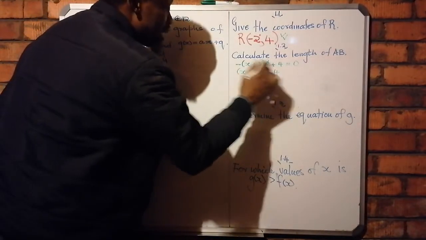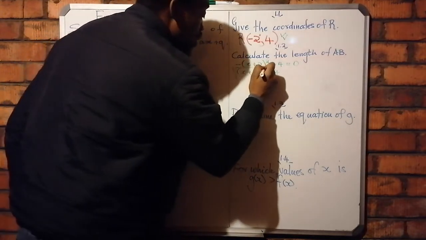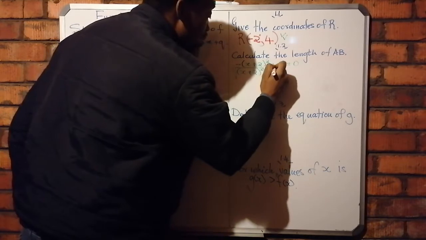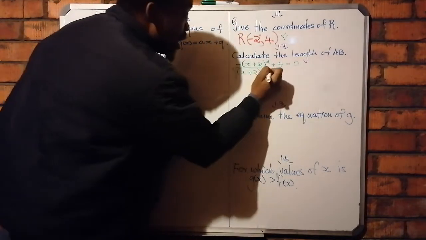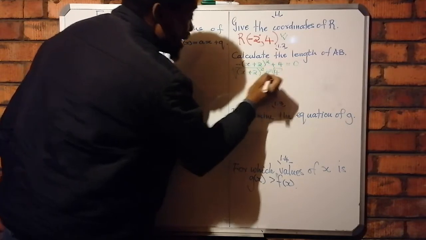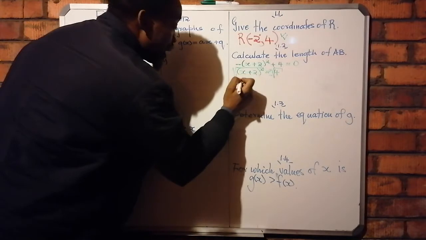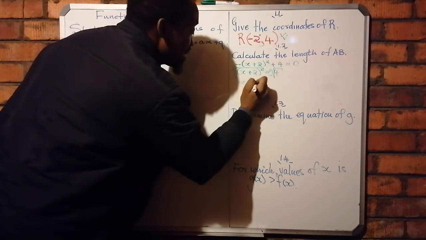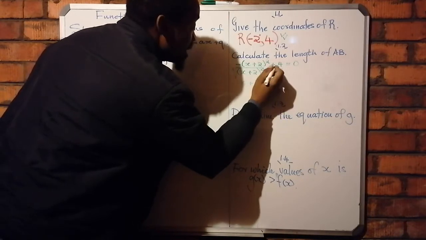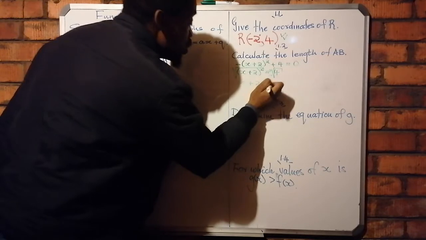Now, what is the next thing that you should do? It's a perfect square. You just take the square root on both sides. Don't forget that here it's a plus or a minus. Now, square root of (x plus 2) all squared is x plus 2, which is equals to square root of 4, which is 2.